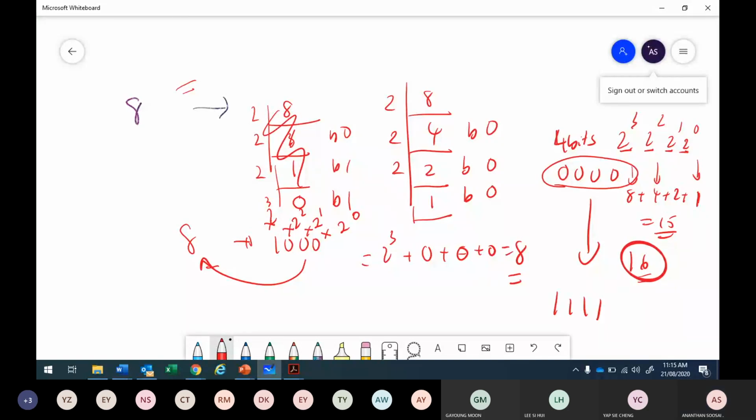But let's say you use 5-bit. 5-bit means you're going to use 5 digits. How many energy levels can you have?